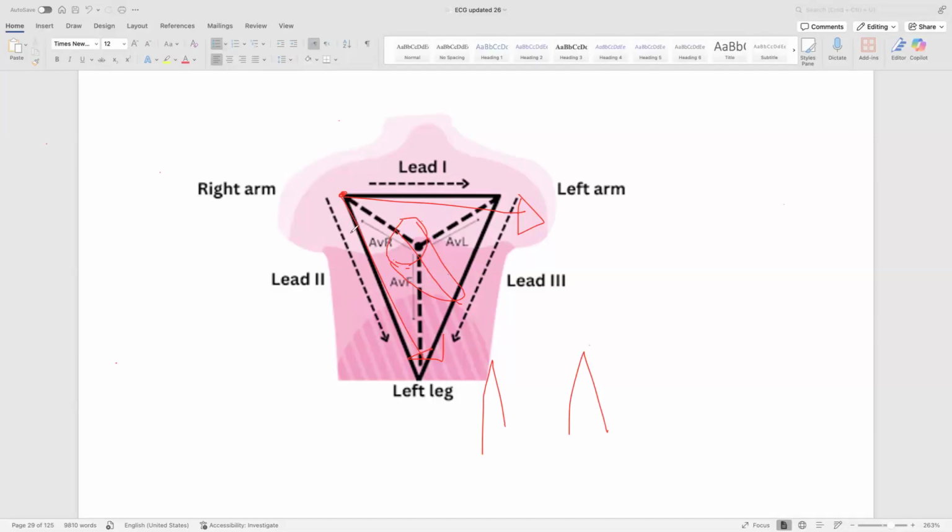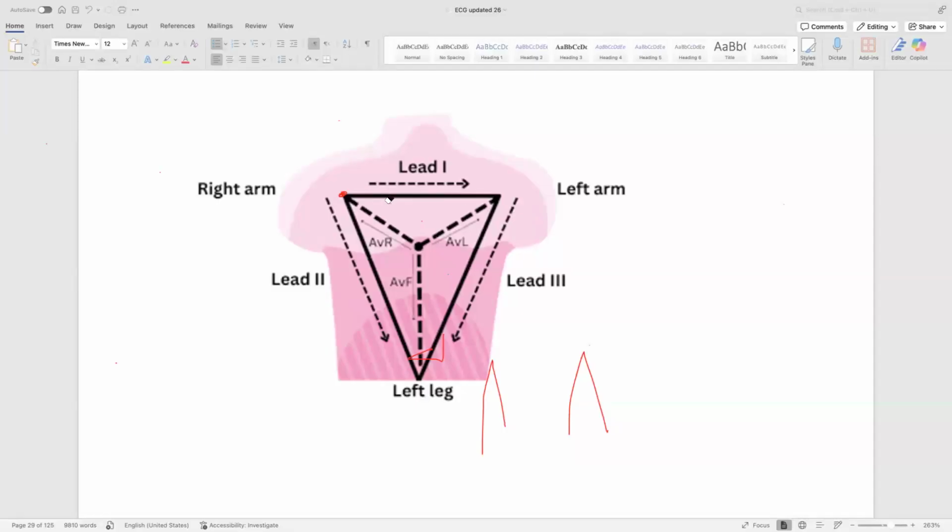If this one is negative, that means what? It means the axis is deviated this way. It should not be negative, lead 2. Okay? That is the meaning of the axis.